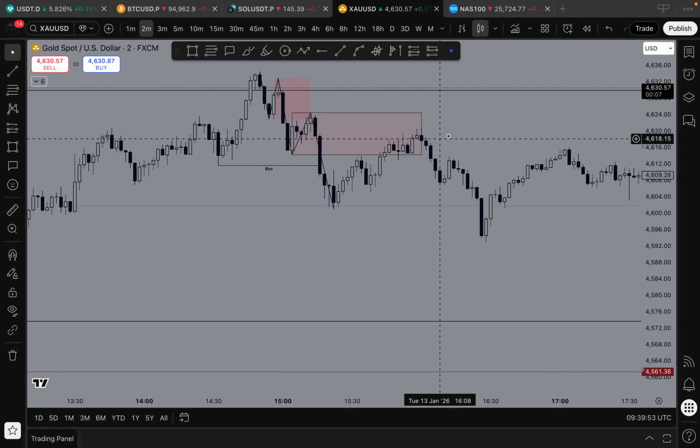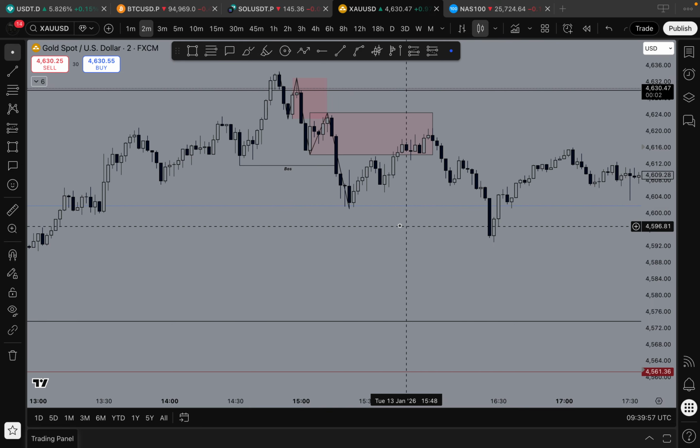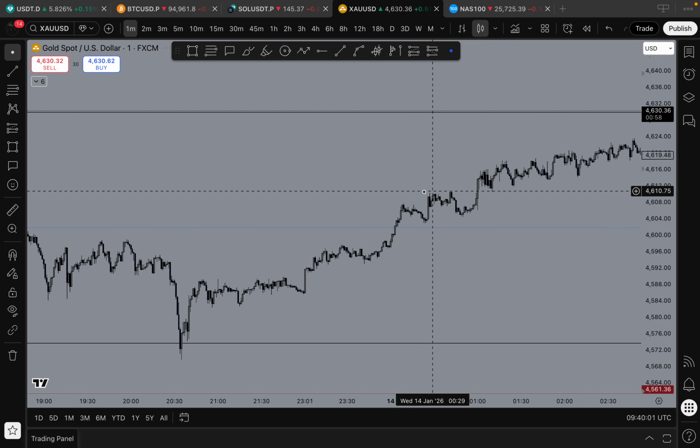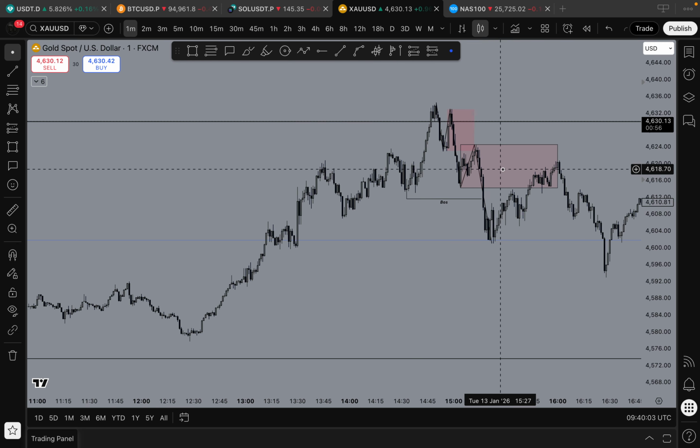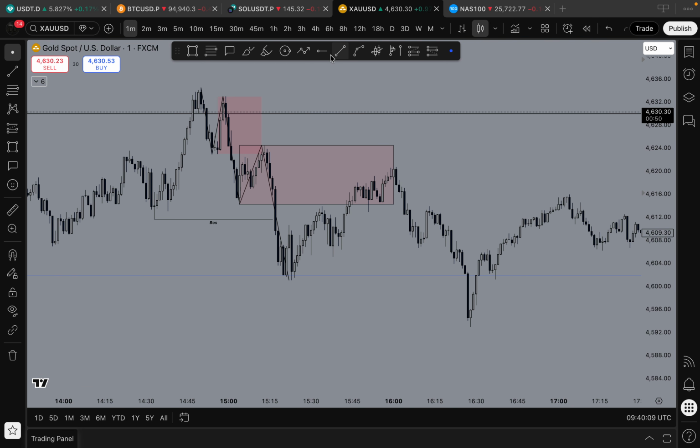Then price comes back into that supply, rejects again. You can look, is there any structure? On the 2 minute there isn't, but on the 1 minute, from the low up, you have low, high, higher low, higher high, higher low, higher high.